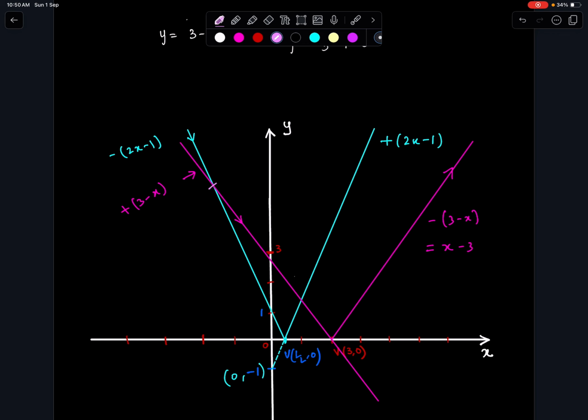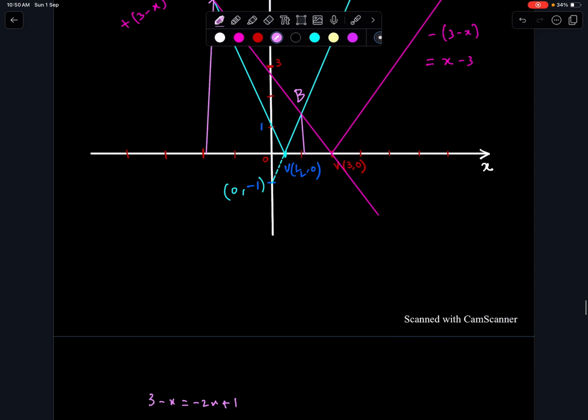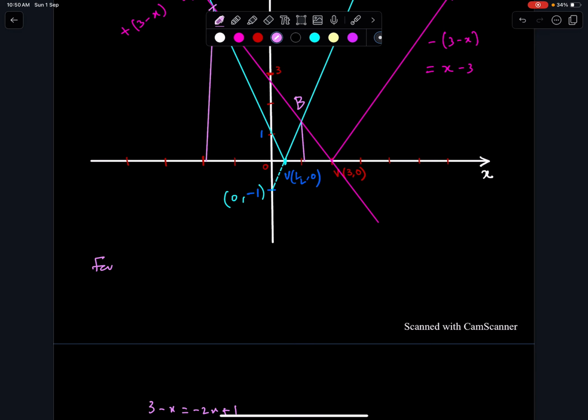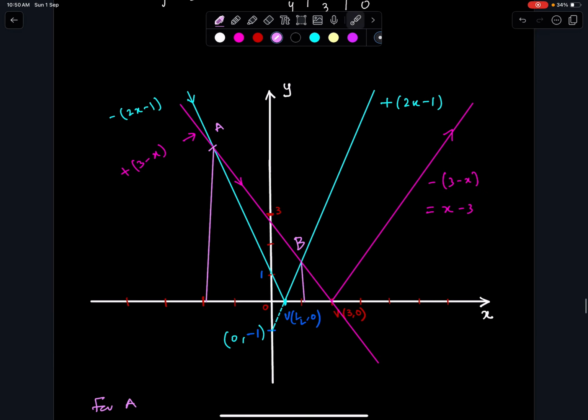So let's suppose this is A, and this is B. So for A, we need to solve the equations of these two lines.